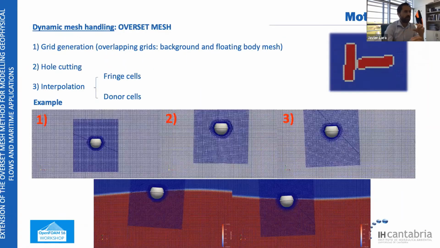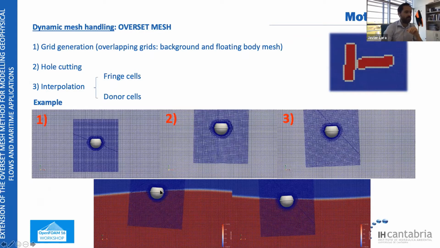How this approach is working is very easy, due to the fact that we can define a fine mesh which is surrounding the object, and we have a background mesh which is containing the whole of it, which is used to solve the rest of the domain.